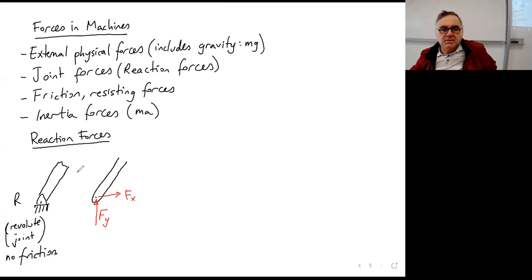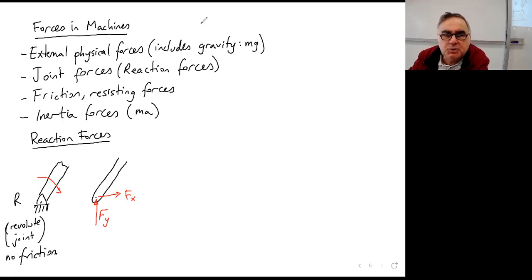Because the joint prevents the X and Y motions of the pin point, but it doesn't prevent the rotation, so there is no moment effect here, as you see. So there are two forces acting on the revolute joint. It prevents two motions, so there are two forces.